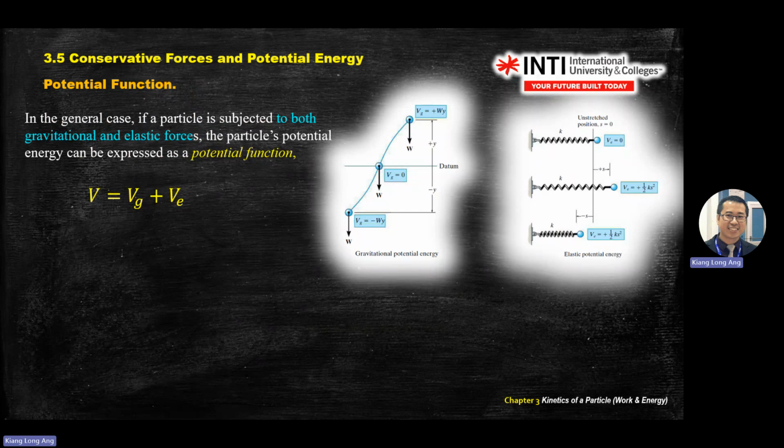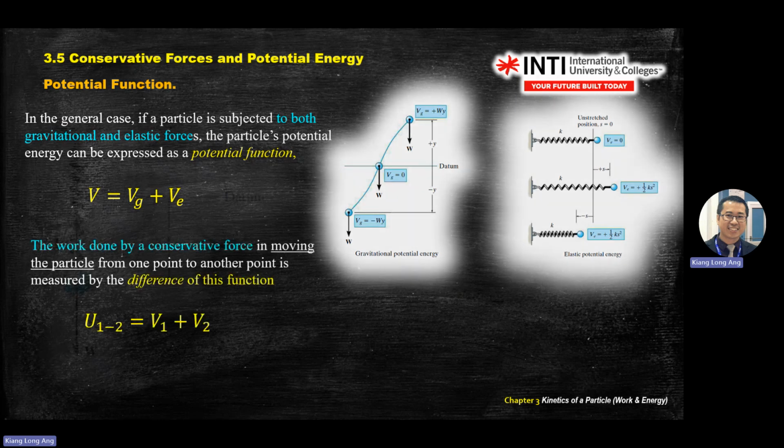So for potential energy, you have two types. One is based on datum or gravitational force. Another one is on a spring. So every time you see the question asks you to calculate potential energy or conservation of force and energy, remember to check whether you have a spring or datum.